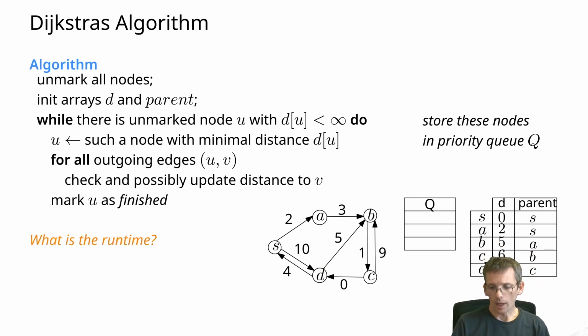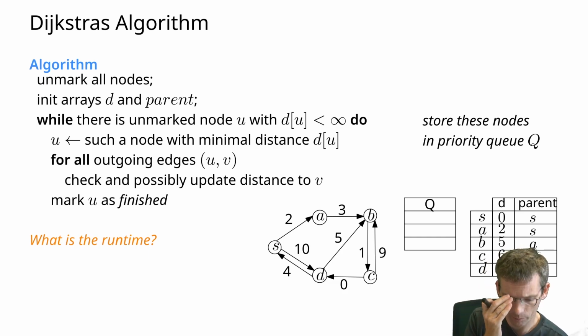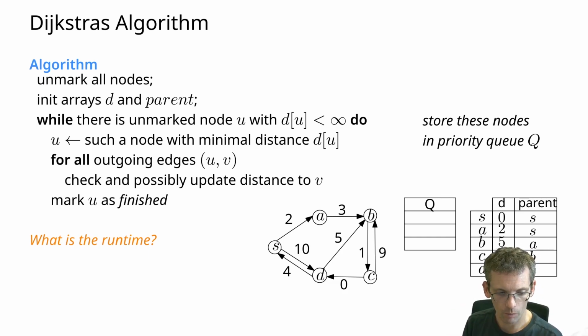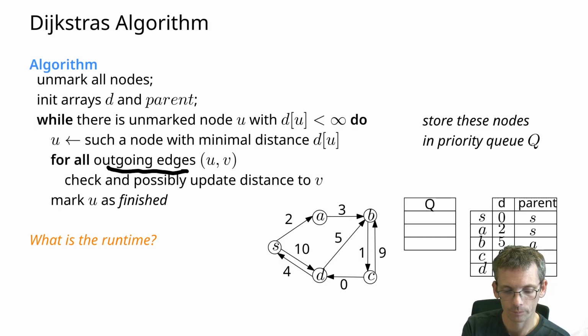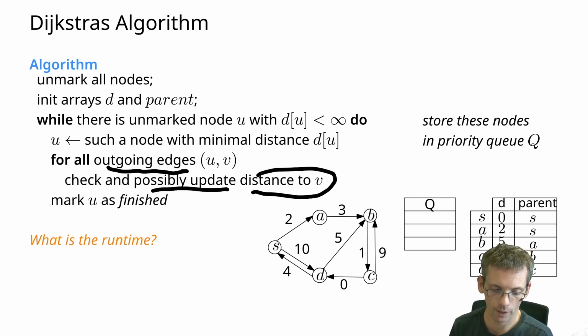So for the running time, we will have to look at a few operations here. We always find the first element in our priority queue, and then we're processing it by looking at all outgoing edges, and then possibly updating the distance for the vertex that we have there at the end.